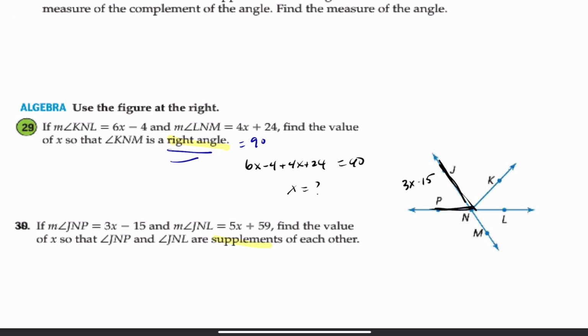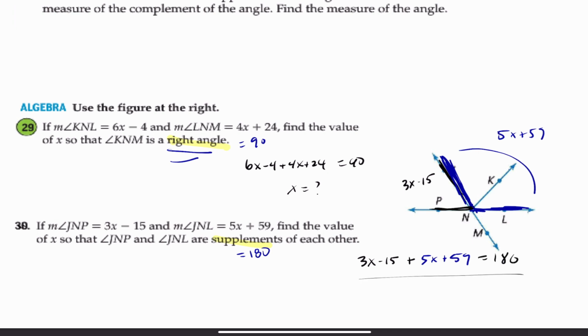And then JNL is right there, so this whole thing is 5x plus 59. And then we're talking about supplementary, so I will equal that to 180 degrees. So 3x minus 15 plus 5x plus 59, you equal that to 180. Go for it, solve for x, and then you're done, because we're just solving for x. Okay?